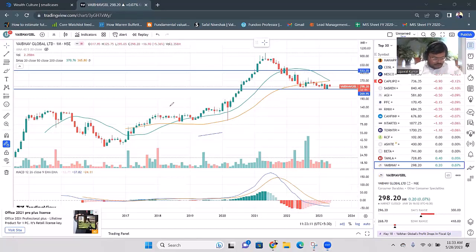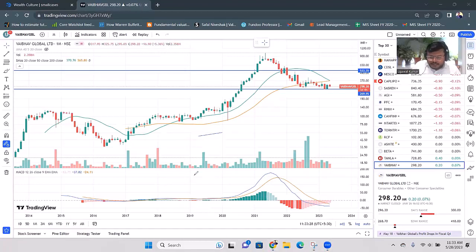Right. So let's start with how to use these histogram charts to tell us whether we are in an uptrend or a downtrend.